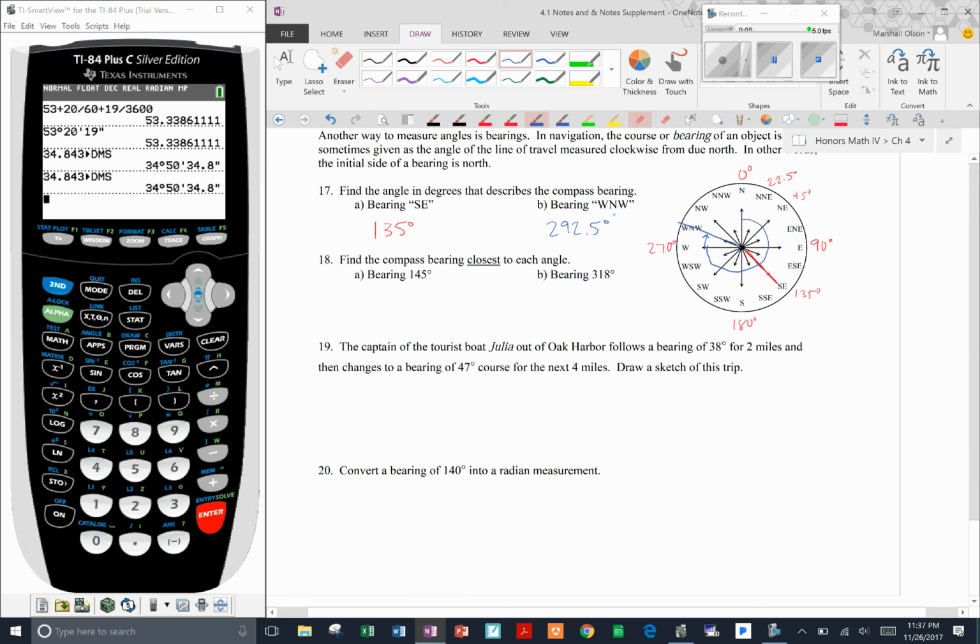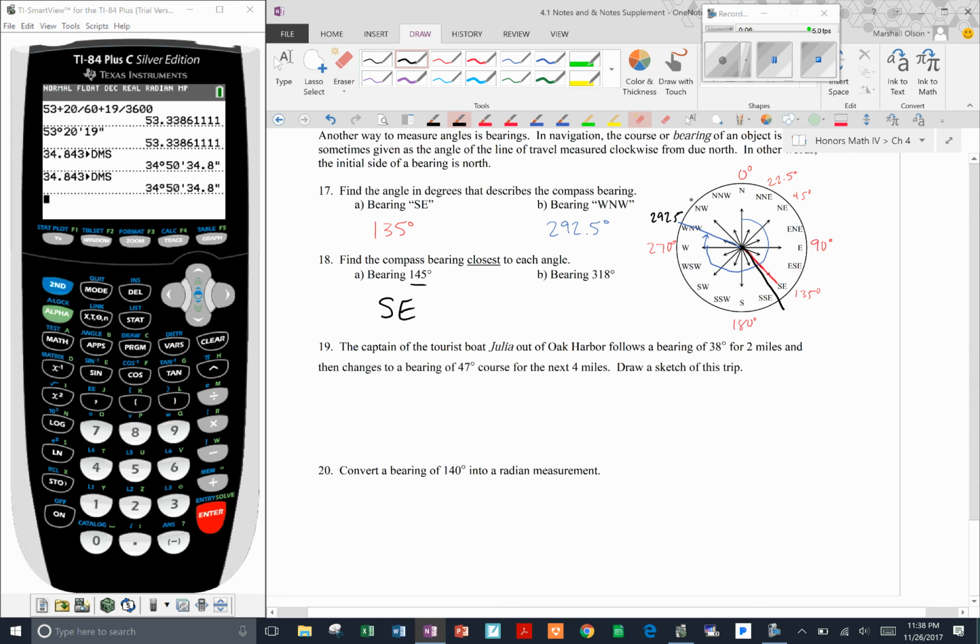Then it asks us to find a compass bearing closest to each angle. 145 here is closest to southeast. And 318 degrees. Note this is 292.5.